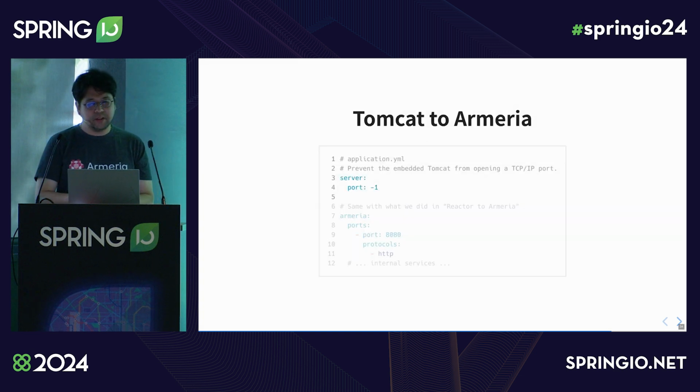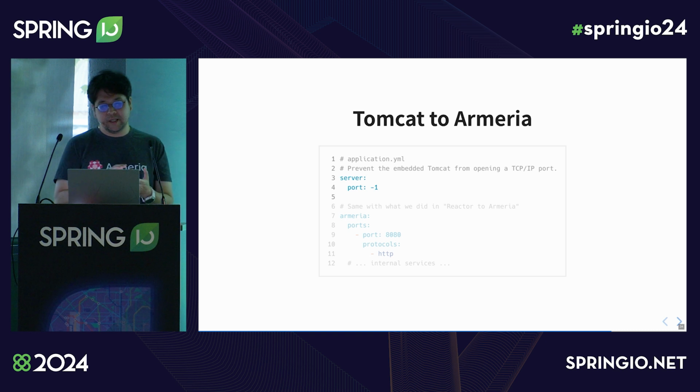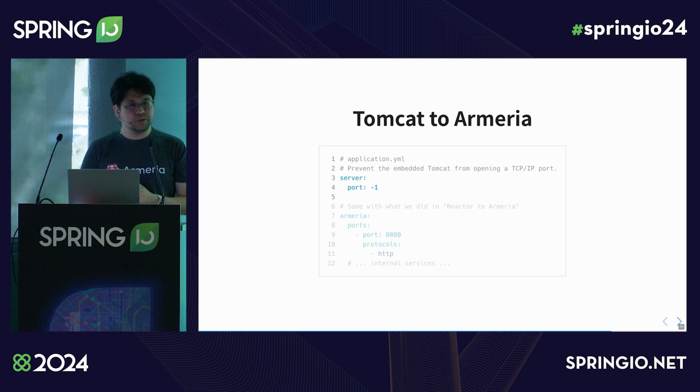In the application.yaml, unlike the reactive stack, we want to reuse the embedded Tomcat created by Spring Boot. So we just don't want it to open a TCP port, because Armeria will handle all traffic. So we specify a special port number, -1. Then the rest is the same with what we did for reactive stack.